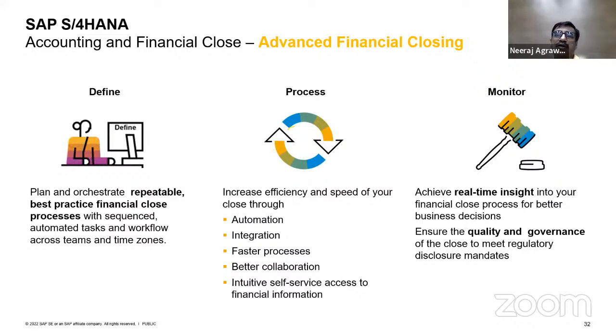And now with improvement in technology, the time period for closings is shrinking and shrinking. Without robust, automated and intelligent processes, it's very difficult to close the books within a short period of time. What SAP helps with, through these advanced financial closing processes, is doing things much faster.